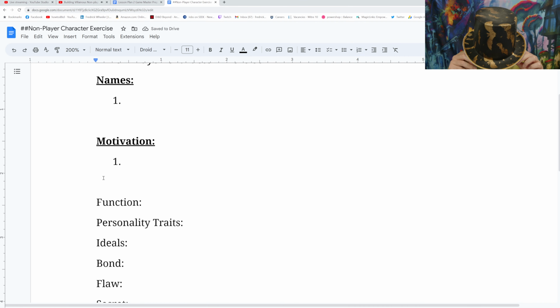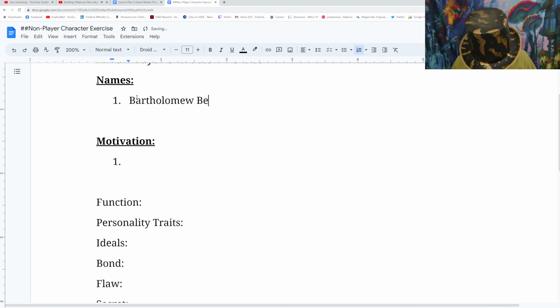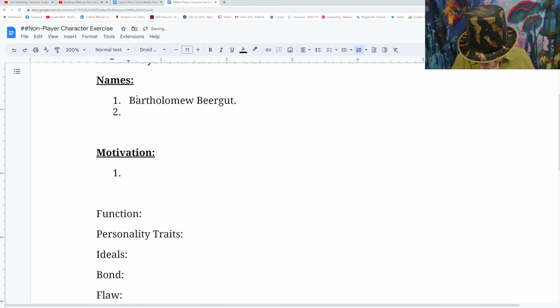Okay, Fred has got the first name out. Oh, am I going to be able to actually read that name? That is a heck of a name, dude. Bartholomew Beer gut. All right. Buried Axe has got, oh, okay.